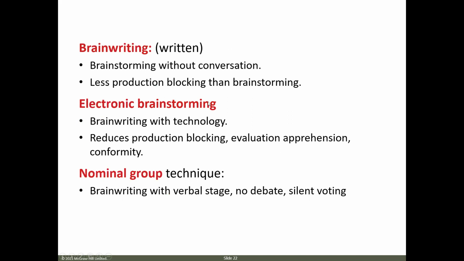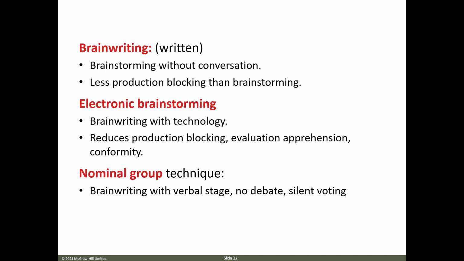And the last one is the nominal group technique. Nominal group is different. Still, nominal is a kind of brain writing with a verbal stage. However, there's no debate. If you look at brainstorming, it has debate. People share ideas, sometimes against or for.